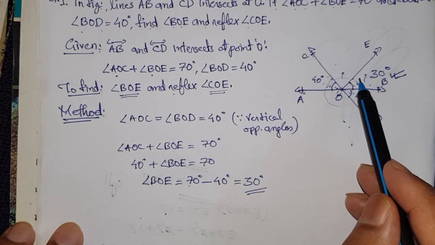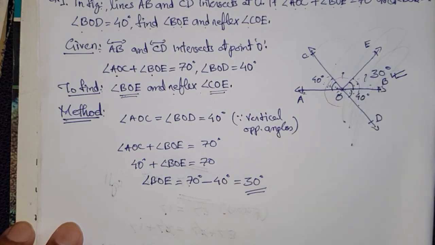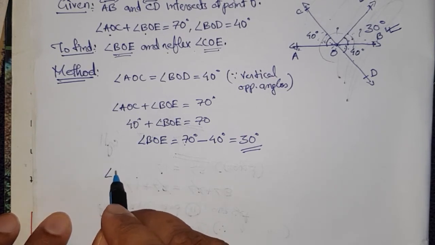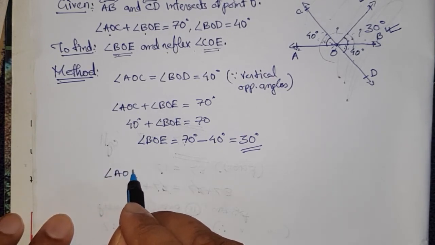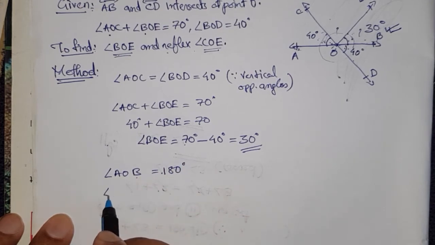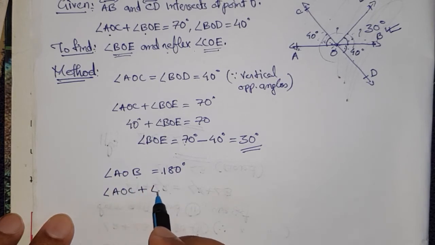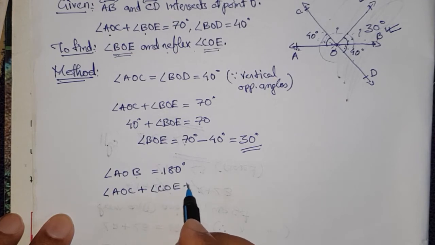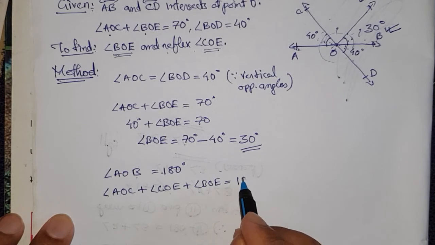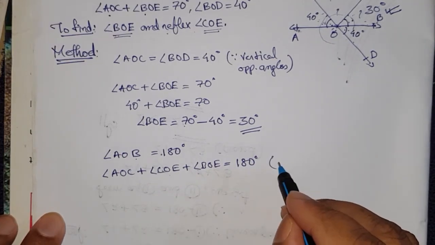All of this sum will be 180 degree. So here we can write angle AOB is equal to 180 degree. So we can expand AOB. So you can write here angle AOC plus angle COE plus angle BOE. So their sum is how much? 180 degree.